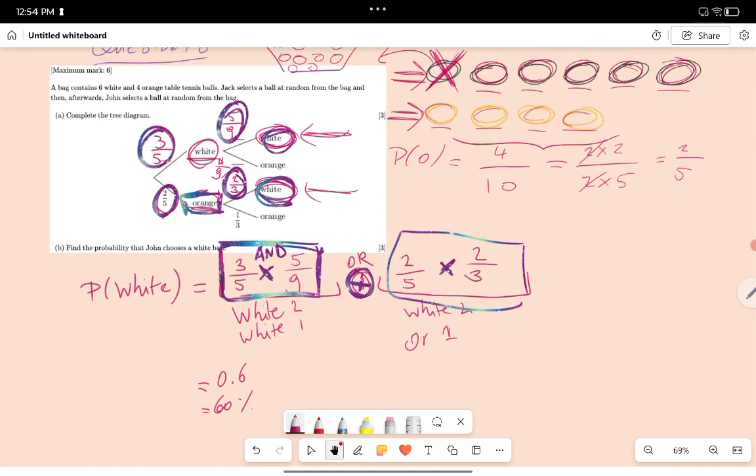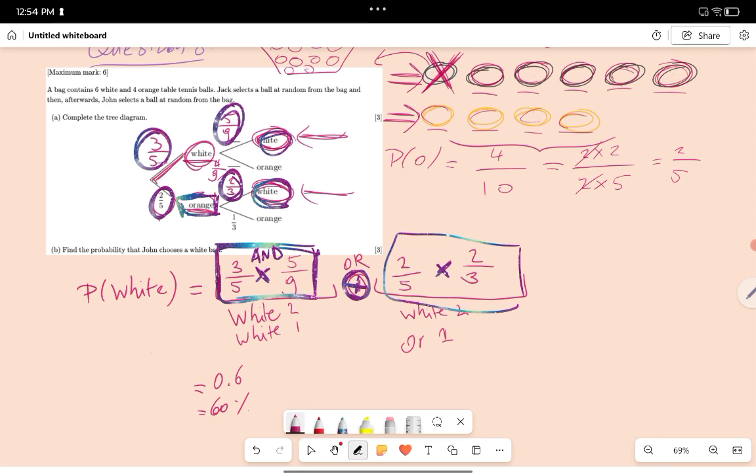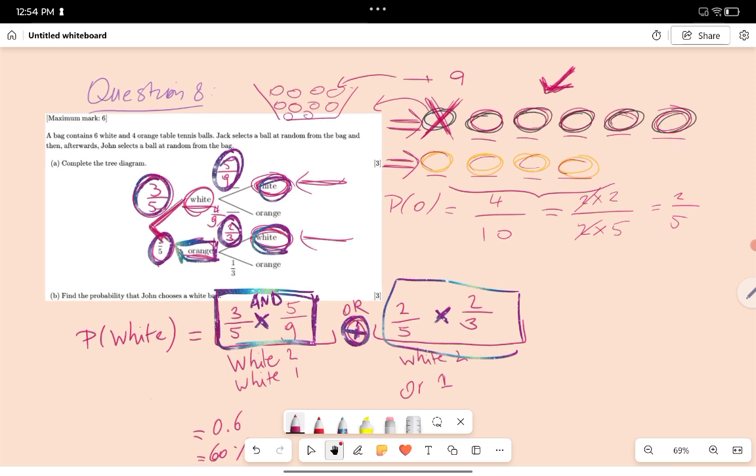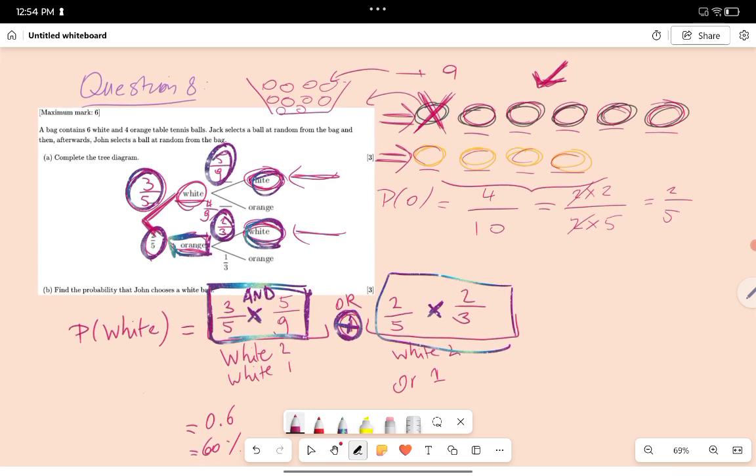Okay, guys, so this is a question with the tree diagram. So what you have to remember is really that the sum of the two probabilities within a branch is 1. And also remember that here, for example, if they don't say that the ball gets back in the bag, you have to be careful that we don't have 10 balls, but 9, so you have to be careful with computing those probabilities.